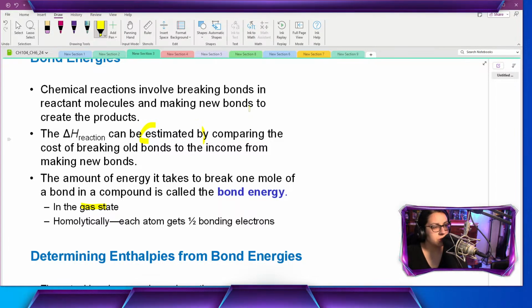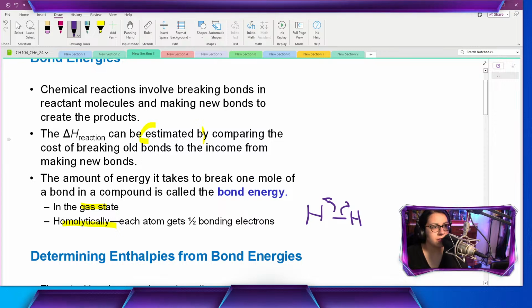And this also assumes homolytic cleavage. All that means is if we take a bond, let's just take a simple single bond, and then it undergoes homolytic cleavage, that means each hydrogen gets one electron.